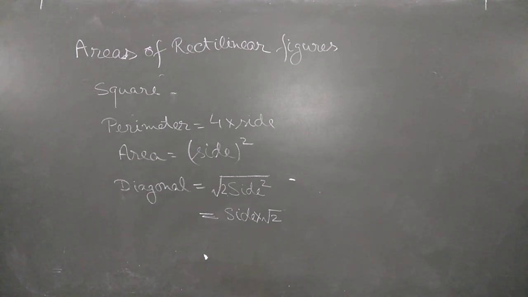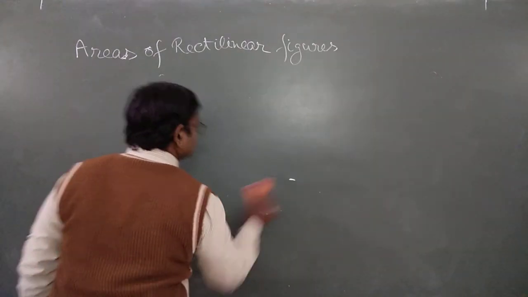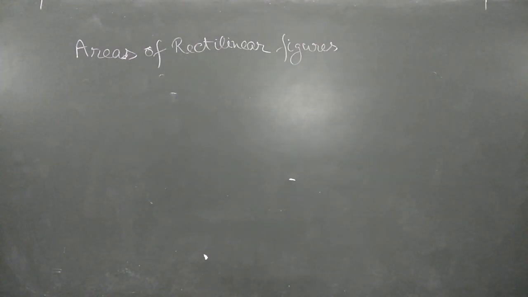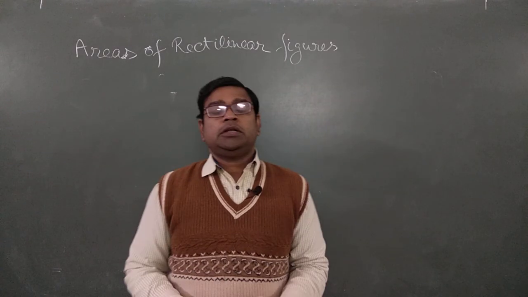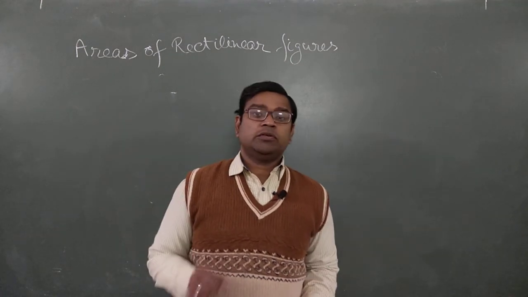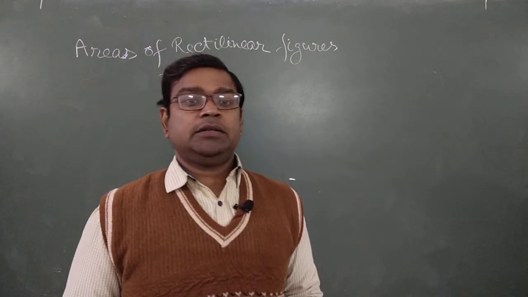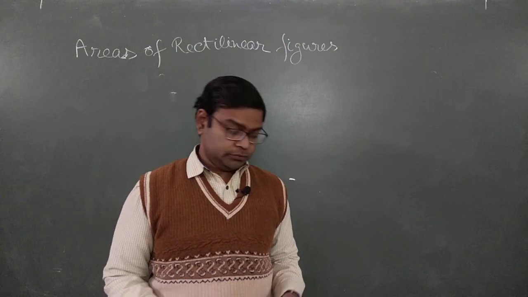Now move to the question answer part. Let me run the board first. In this chapter I am going to solve some selective questions so that you can easily understand the concept, and the rest of the questions you have to solve by yourself.